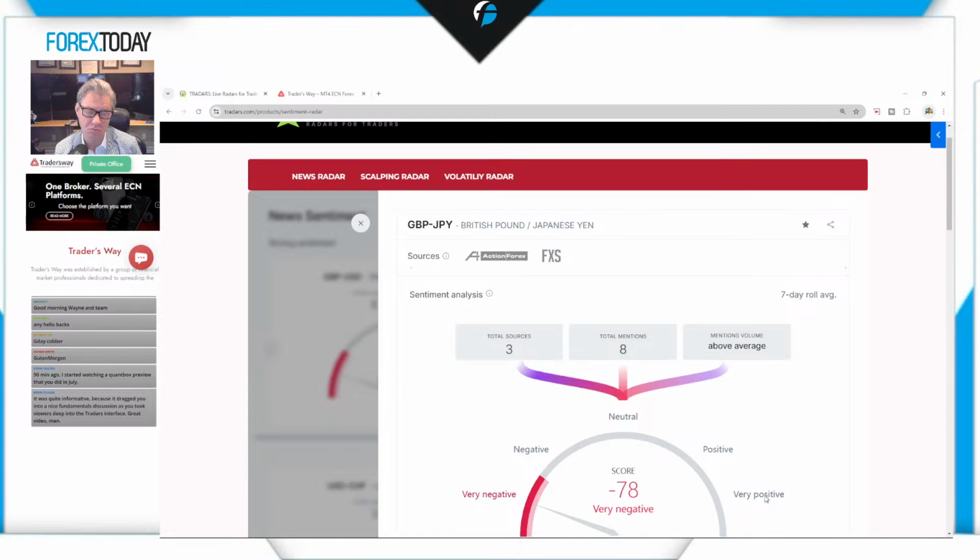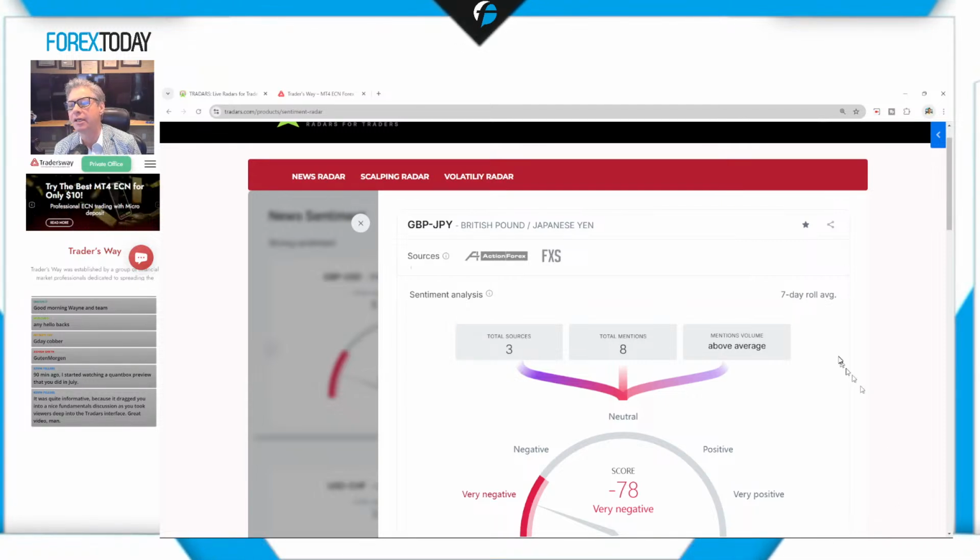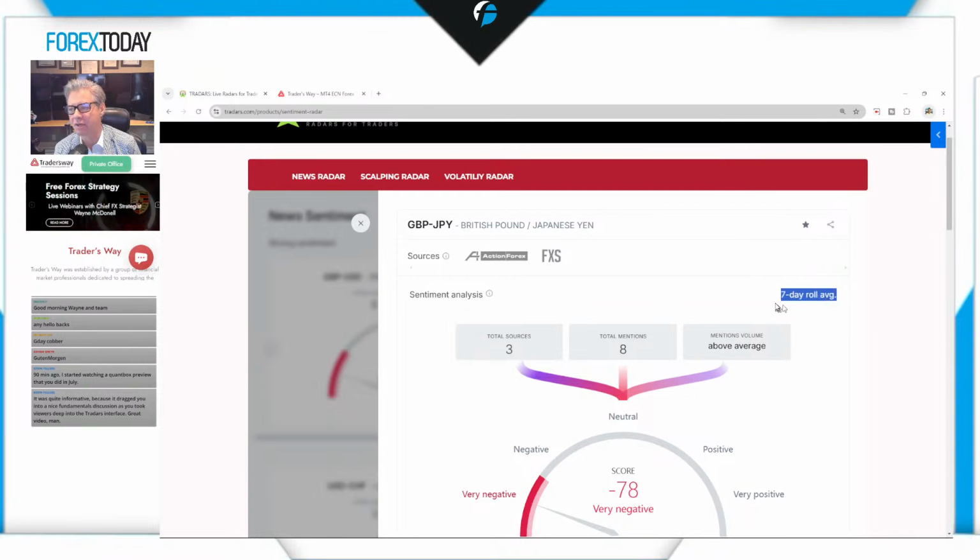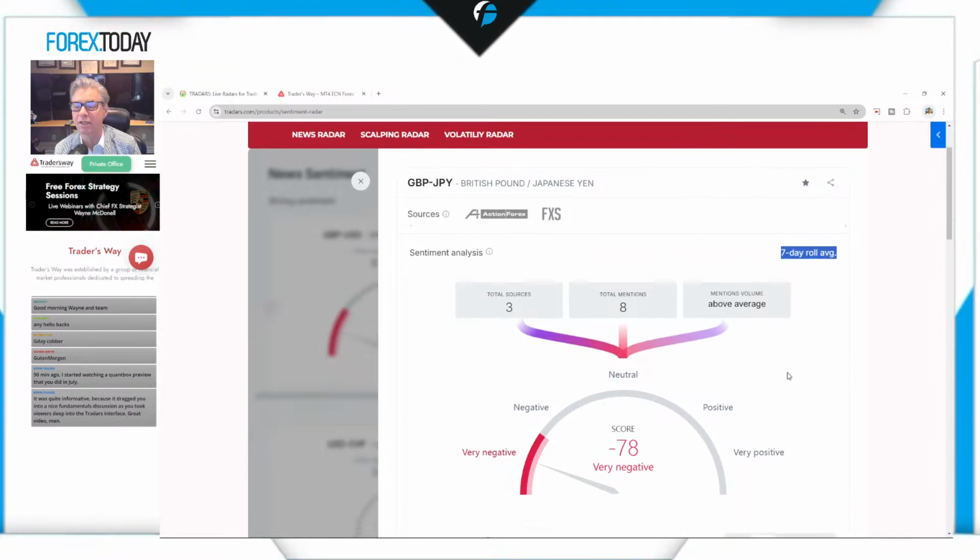So it's true analysis. And then it aggregates: how many articles did it read? How many websites did it get this information from over the last 7 days? Then it puts everything in an aggregate now and says, by and large, was this positive for buying pound yen or not?